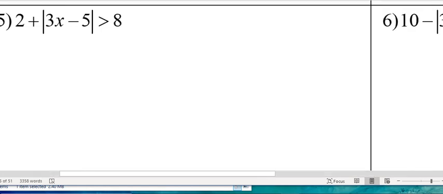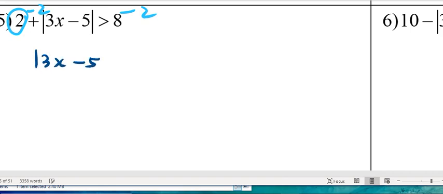Okay, so same thing, you have an extra 2 here, so minus 2 both sides. So you will have 3x minus 5 more than 6. Since it is more than 6, it applies the third condition.